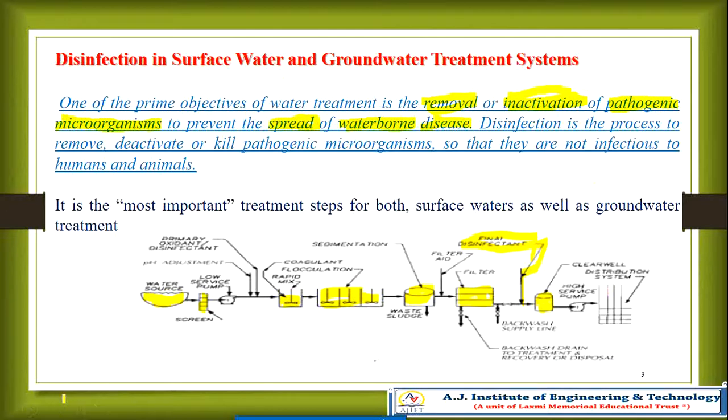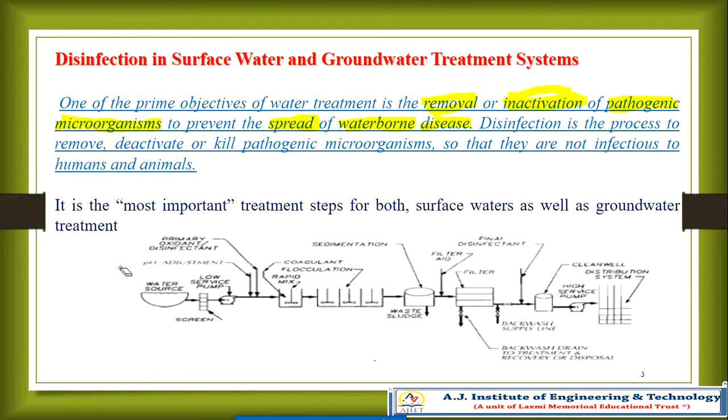What is the prime objective of disinfection? Disinfection is one of the water treatments: the removal or inactivation of pathogenic bacteria or microorganisms to prevent the spread of waterborne diseases.